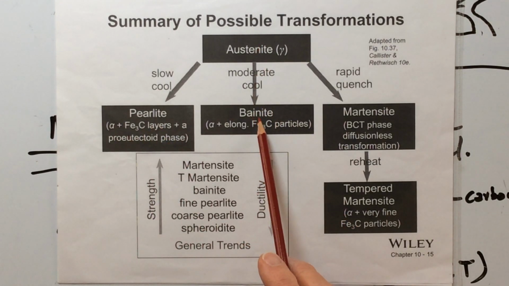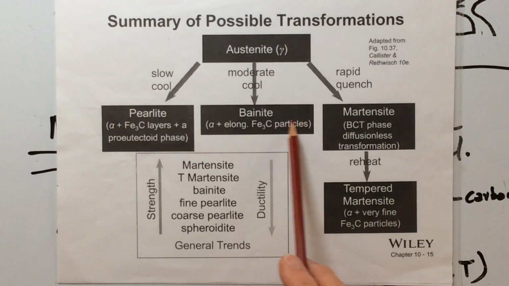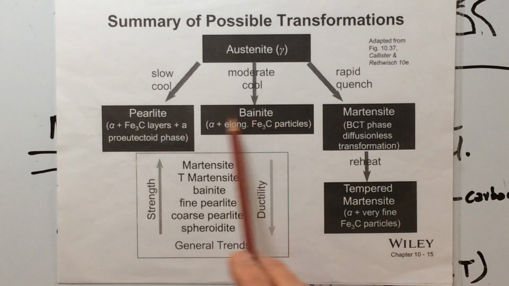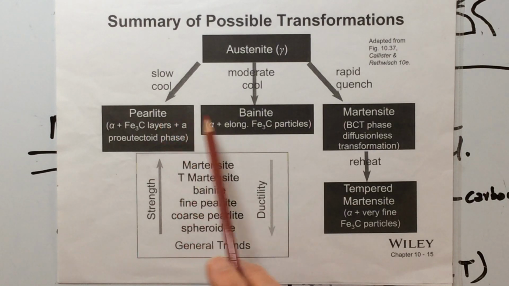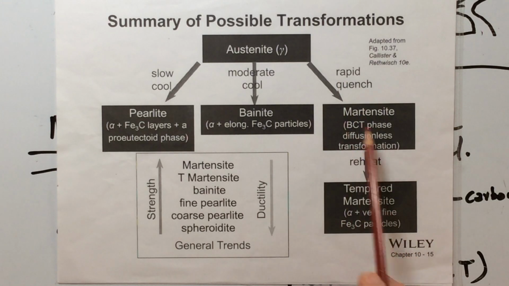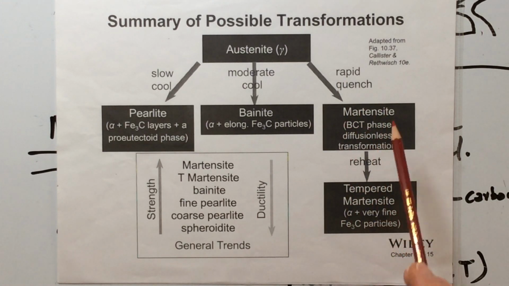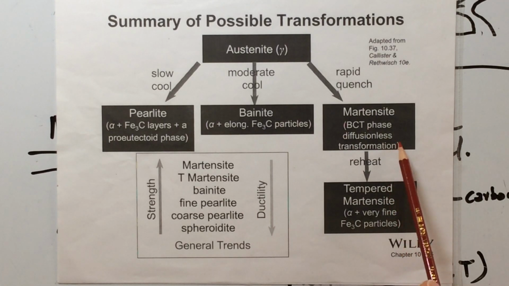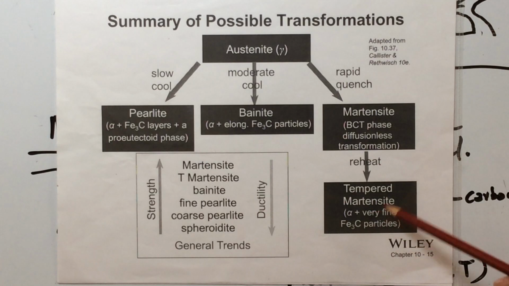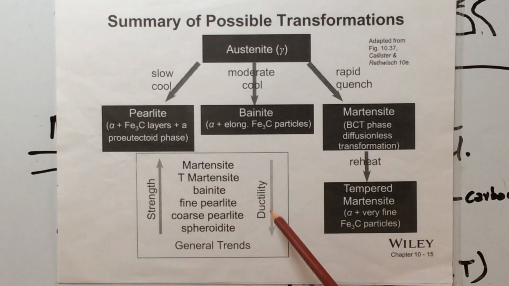If you do a moderate cool, you can come up with a bainite, and that has much stronger, better properties than pearlite. If you do a rapid quench, you're going to come up with, again, body-centered tetragonal martensite, which again, as I said, is a diffusionless process. And then of course you have to reheat it, and as I said, temper it.